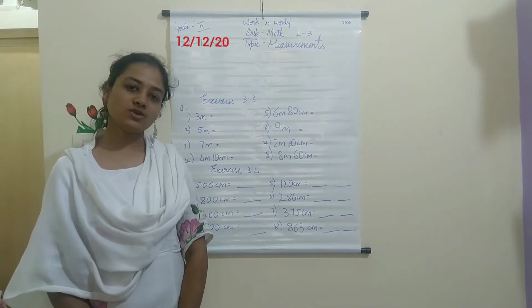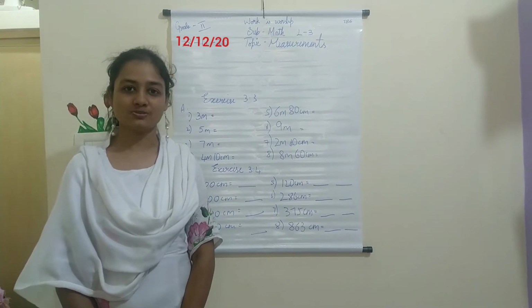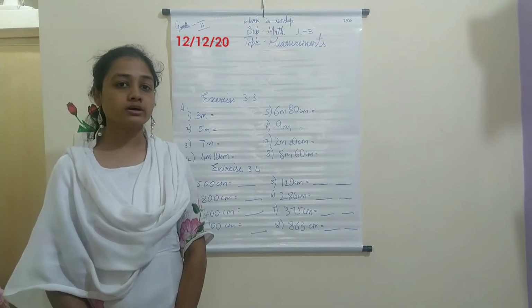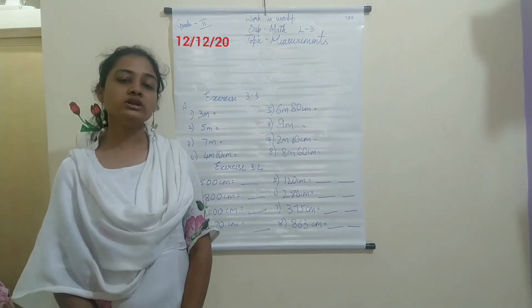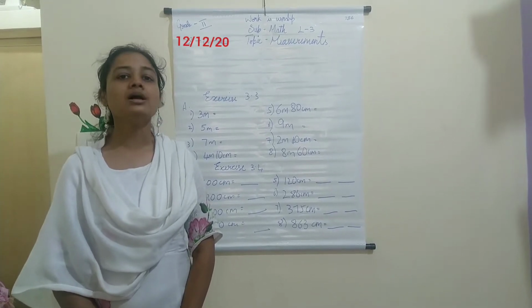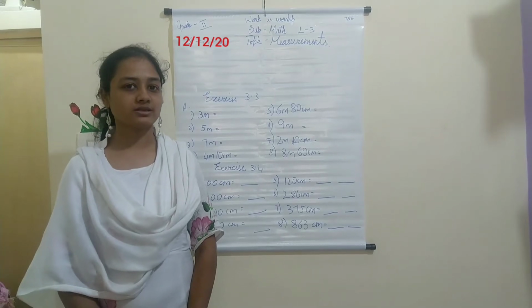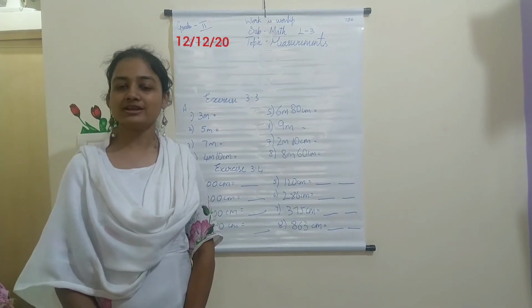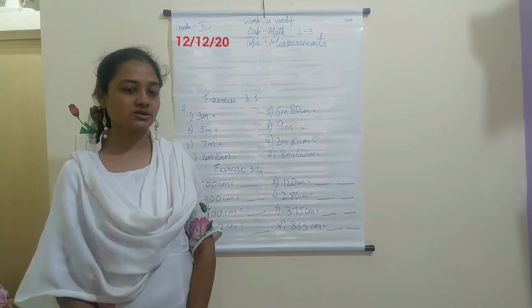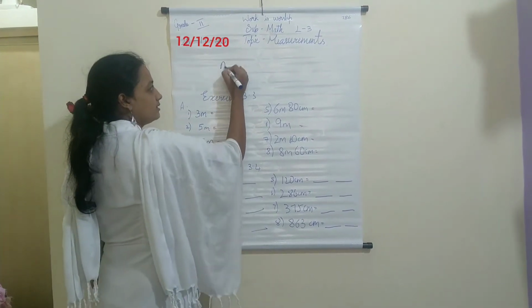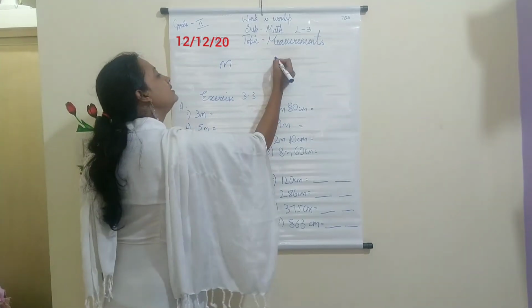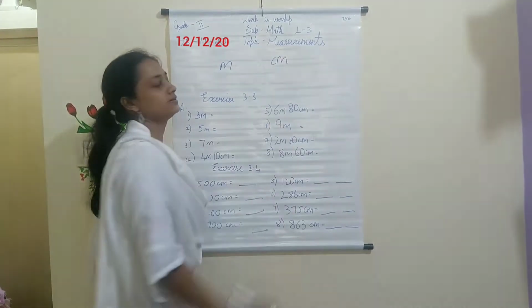In your previous video also, you learned about measurements. That is, you learned what we measure and what unit we use to measure the length of objects. So what are the two standard units you use to measure length? That is meters and centimeters.